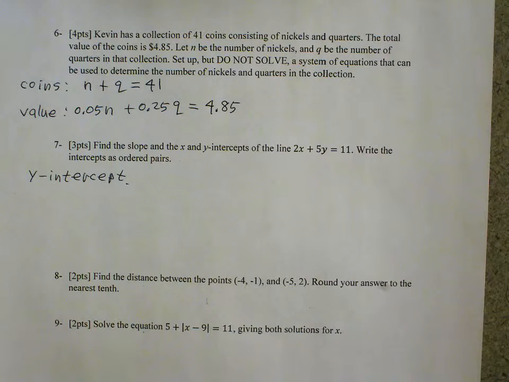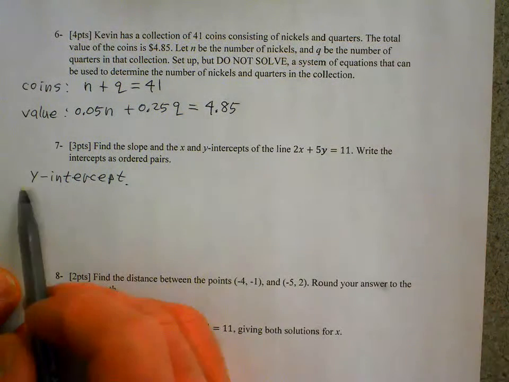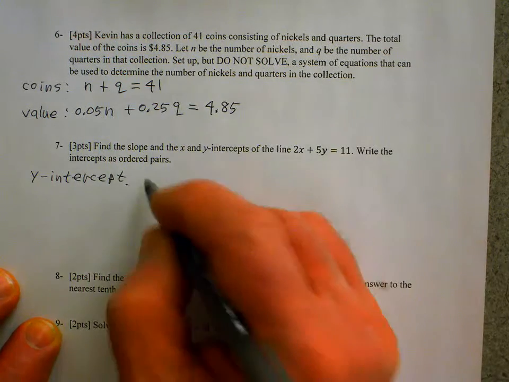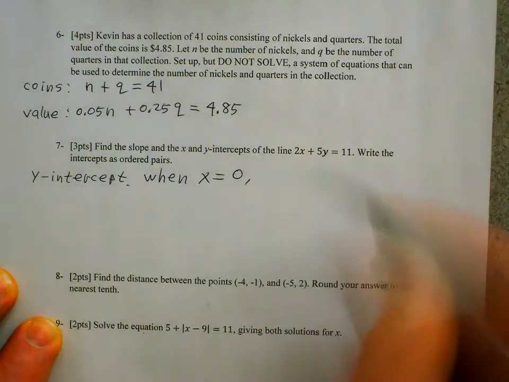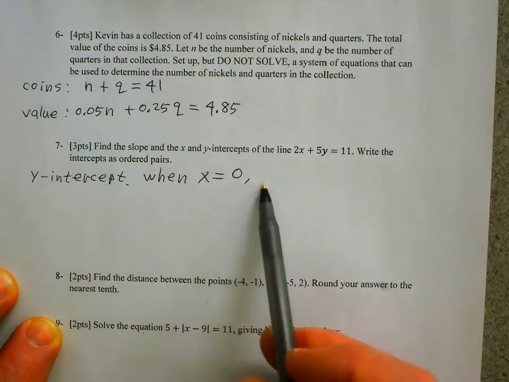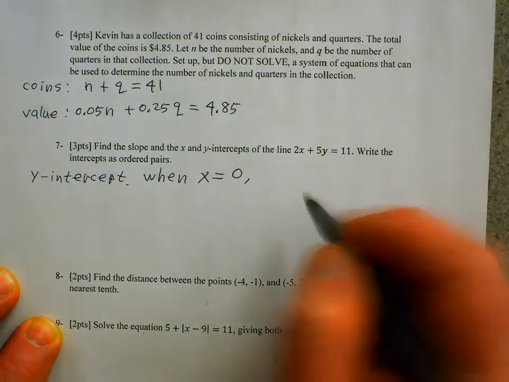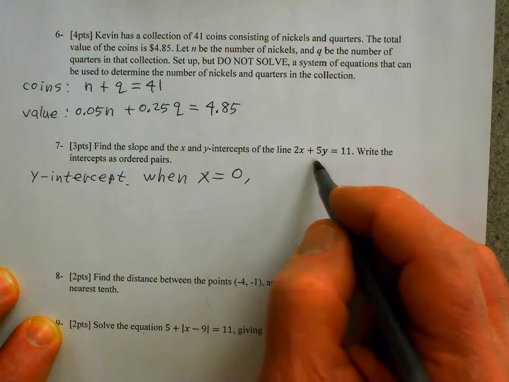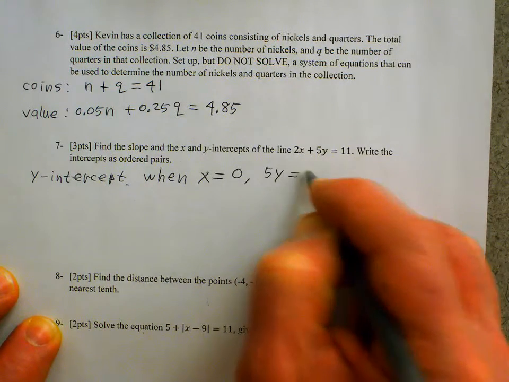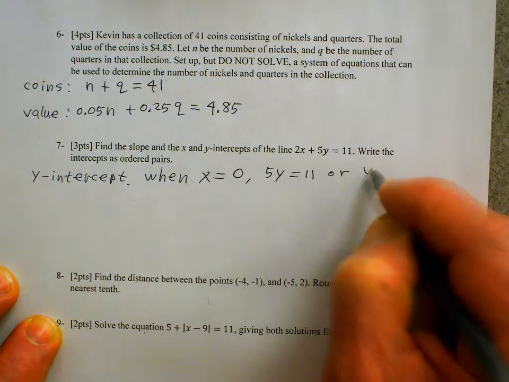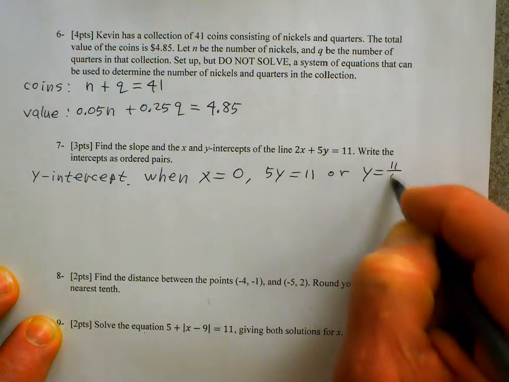The x-coordinate of the y-intercept is 0. So to find the y-intercept, we replace x with 0. So in this equation, when x is 0, we get 2 times 0 plus 5y equals 11, or 5y equals 11, or y equals 11 fifths.